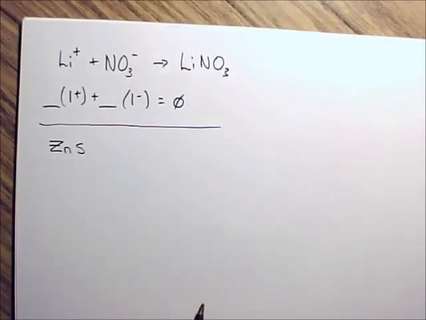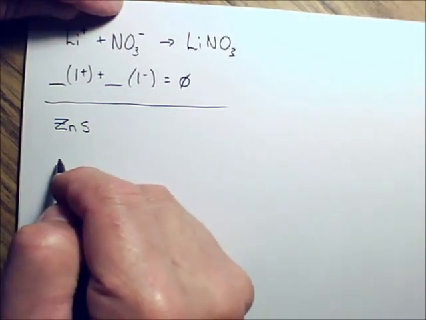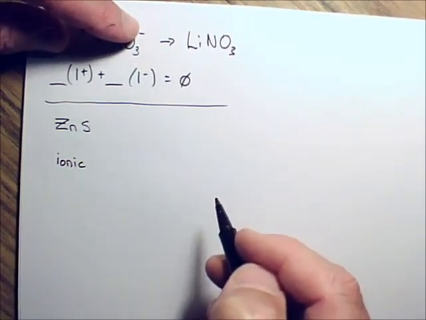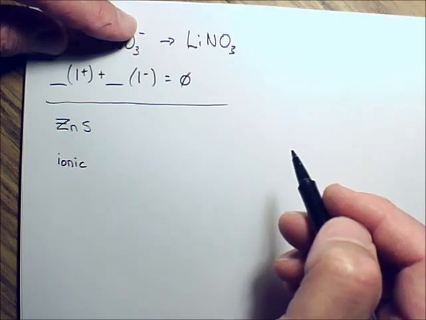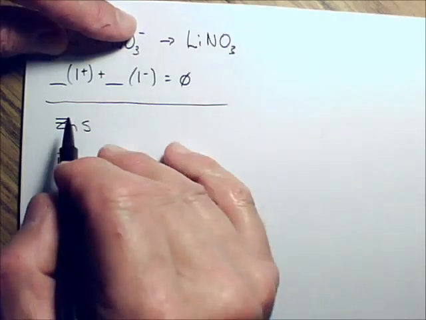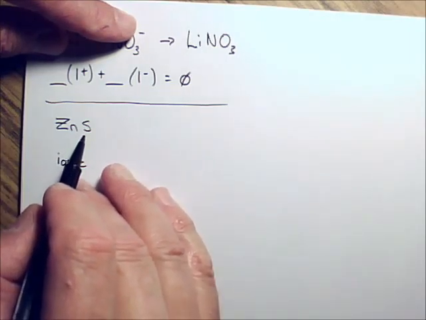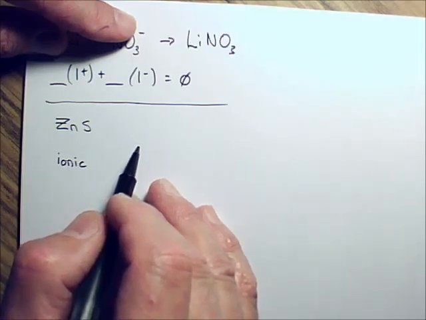And if we're bonding a metal and a nonmetal, what class of compound is this? It's ionic. Using the ionic naming rules, we name the metal what it is, adding a Roman numeral if we have to, and then the sulfur is just going to be written with an IDE ending because it's a binary compound.